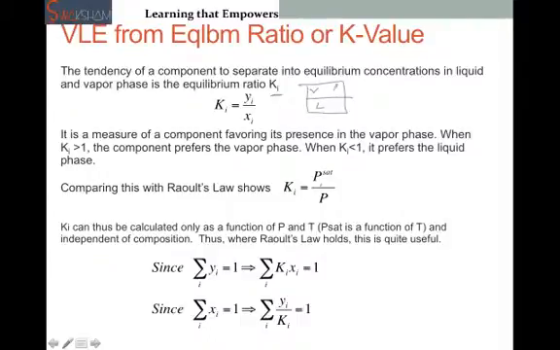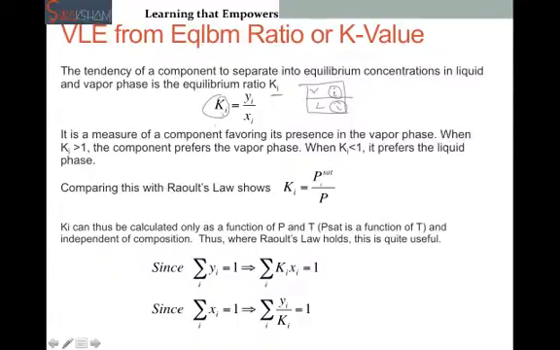For component i, how much of it is in the vapor phase and how much is in the liquid phase, this ratio is given by this equilibrium constant Ki. It is a measure of the component favoring its presence in the vapor phase. When Ki is greater than 1, the component prefers the vapor phase. When Ki is less than 1, it prefers the liquid phase.